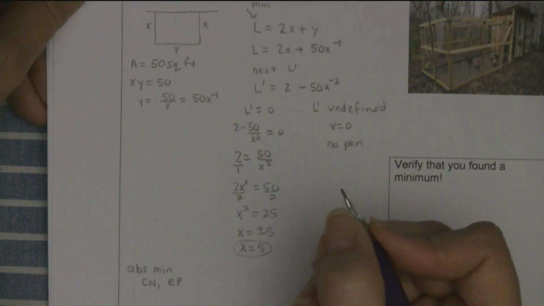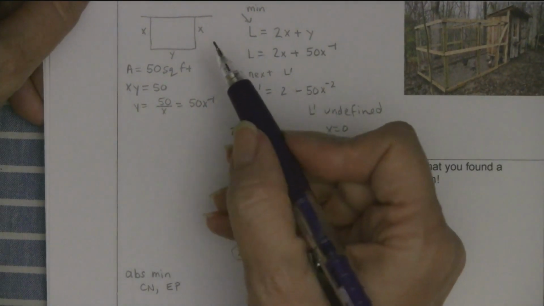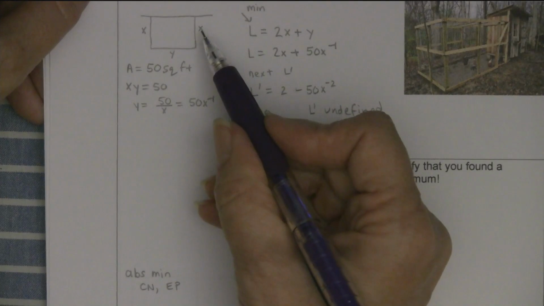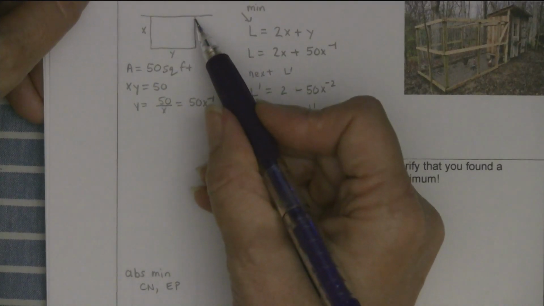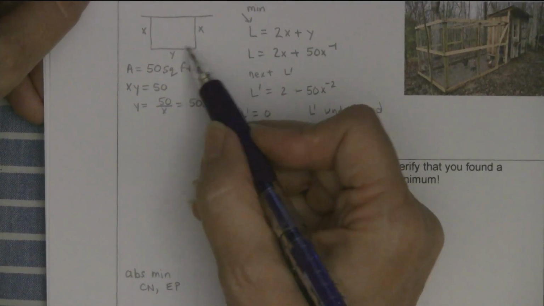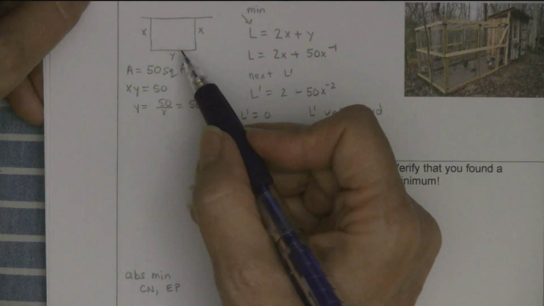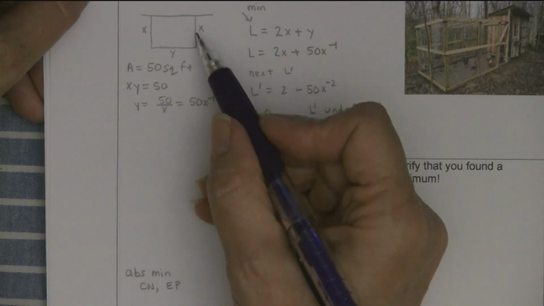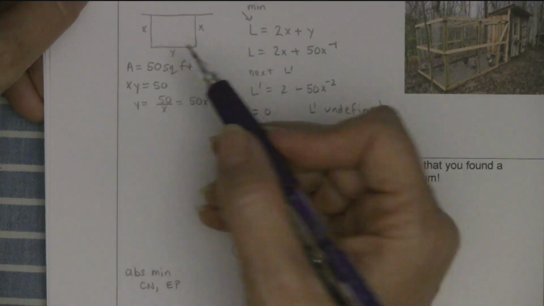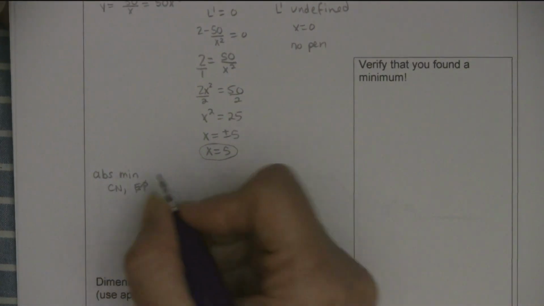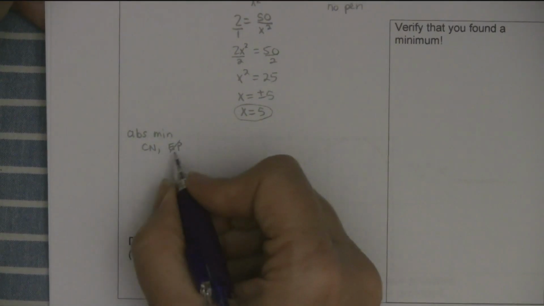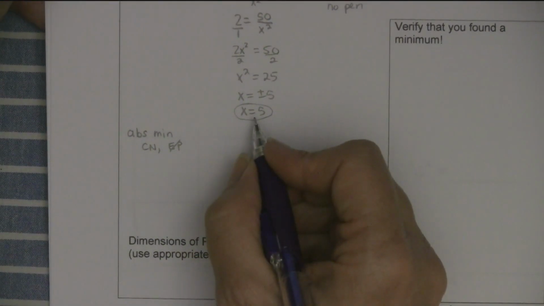But on these pen problems, the endpoints don't make sense, because that would be having all of the fencing on X and no fencing on Y, or no fencing on X and all the fencing on Y. So no pen would be made. So there really aren't endpoints on this kind of thing. And so it's just the critical points, which we only have one of.